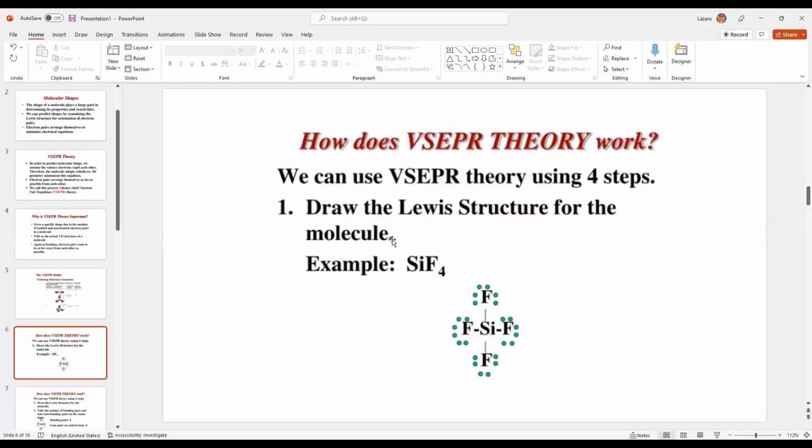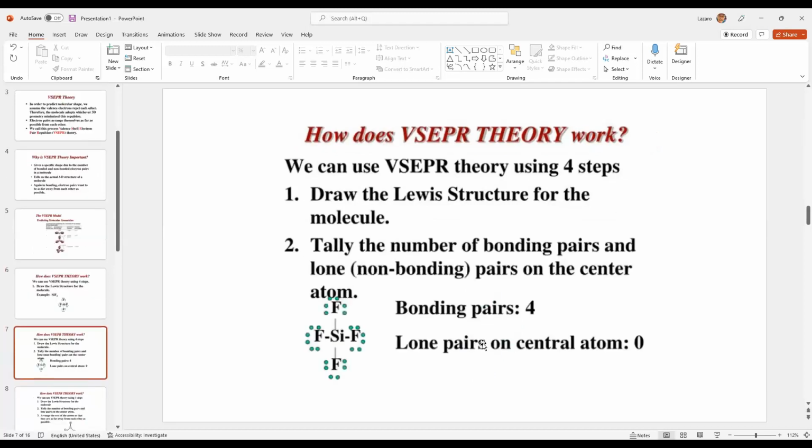Let's see an example of how the theory works. We draw the Lewis structure for the molecule, for example SiF4. The central atom is silicon, and then you locate the fluorines on the sides of the silicon, which is the central atom.